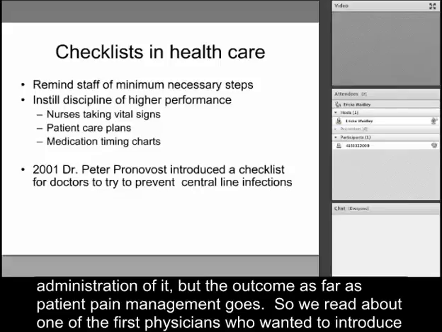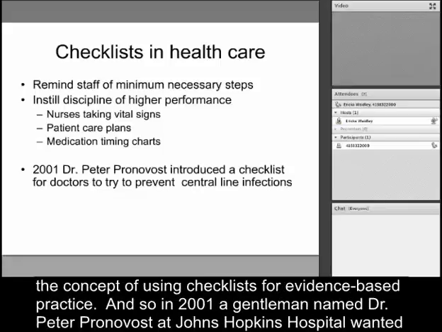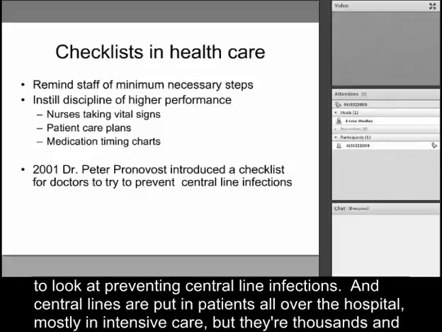So we read about one of the first physicians who wanted to introduce the concept of using checklists for evidence-based practice. In 2001, a gentleman named Dr. Peter Pronovost at Johns Hopkins Hospital wanted to look at preventing central line infections.